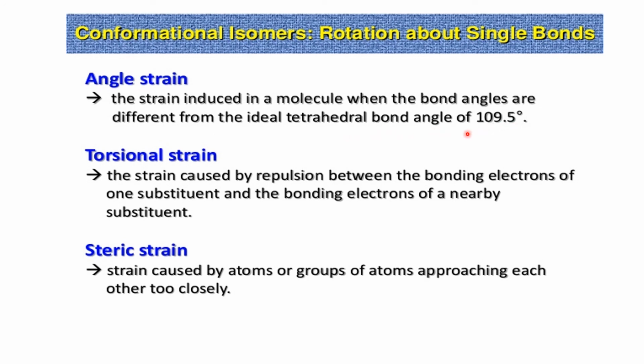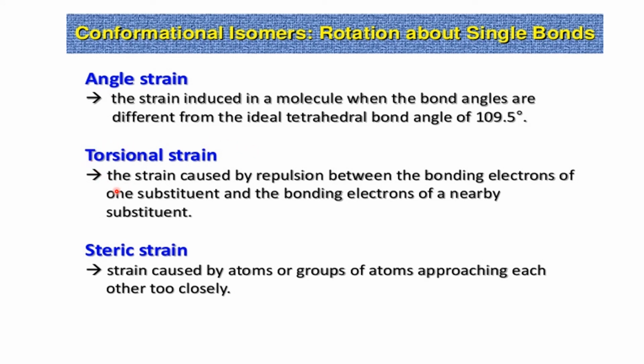We know the majority of saturated hydrocarbons are tetrahedral in shape. Hence, their bond angle should be 109 degree 28 minutes. If there is any change in the bond angle, it causes a strain to the molecule and that strain is called the angle strain. The second strain is the torsional strain.